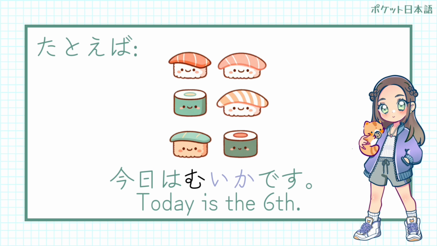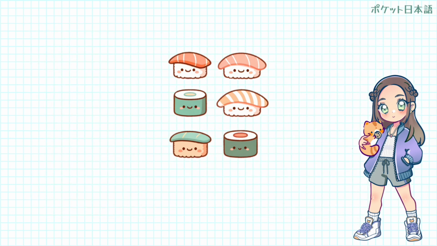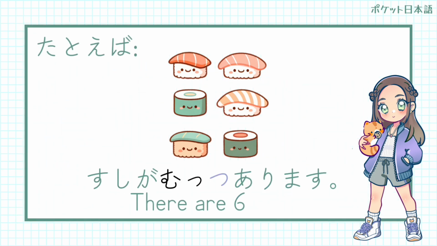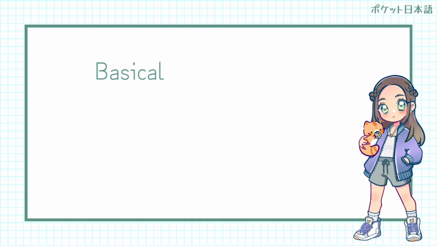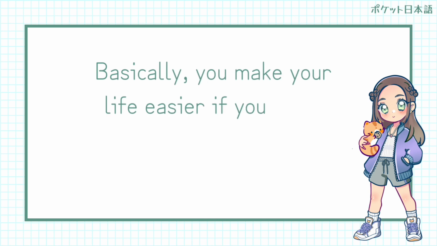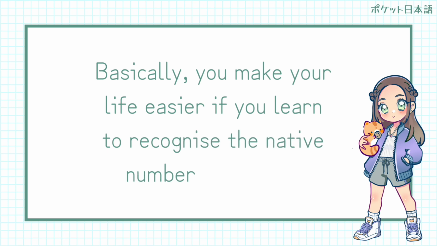Like I said before, native numbers are usually used with counters, not all counters, but that's generally where you'll see them. And the second example, there are 6 sushi, 6 pieces of sushi. Sushi ga mutsu arimasu. So basically, rather than thinking of all of these counters as different words, you make your life a bit easier if you learn to recognize the native numbers and then just swap off the endings.